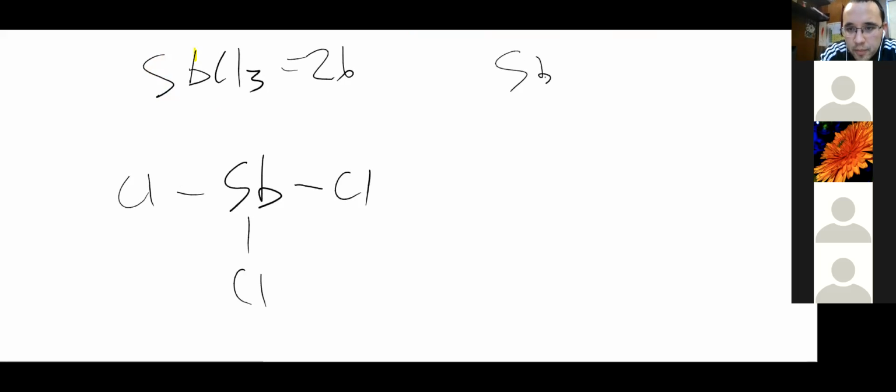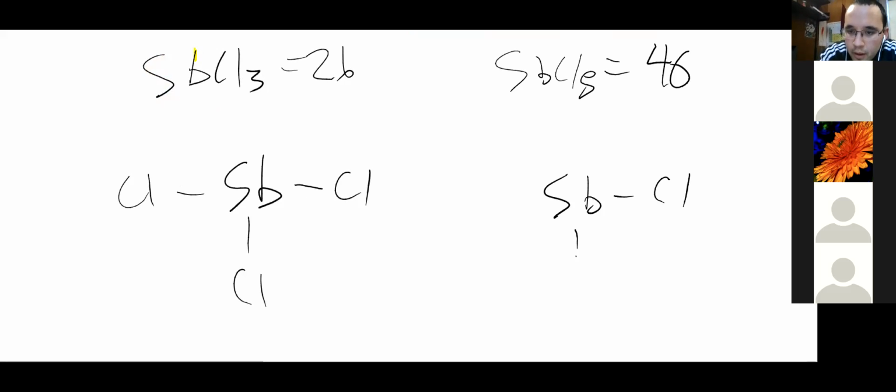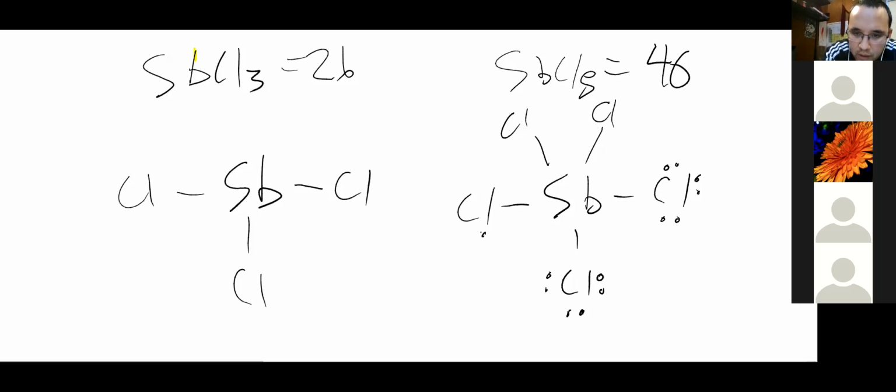And then for SbCl5, we now have 40. Right? So is there anything special about these Lewis structures, or are they just all single bonds with a whole bunch of lone pairs around each of the chlorines?